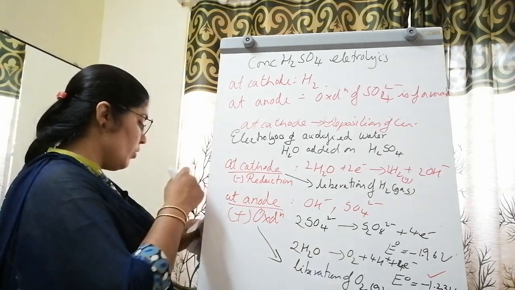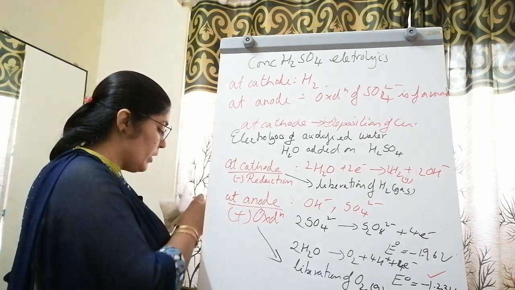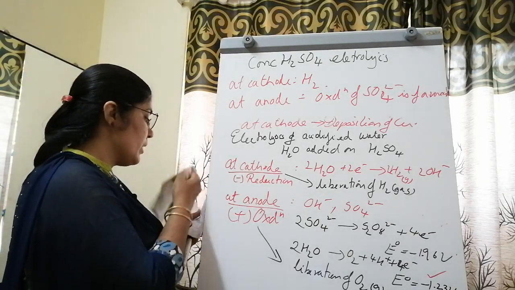Clear? Now we can go for another example. When we take one or two more examples, it will be very, very clear for you. So let's take the examples here.